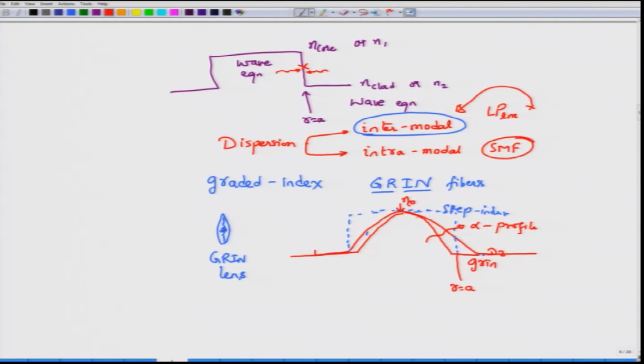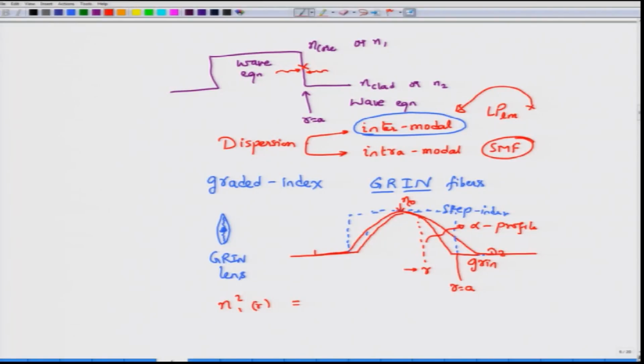The refractive index is now not constant at any distance r inside the core. Of course, in the cladding we are assuming it to be constant. You can write down the equation for the refractive index in the core, which let us call N1 square, as a function of r to explicitly show that it is a function of r.